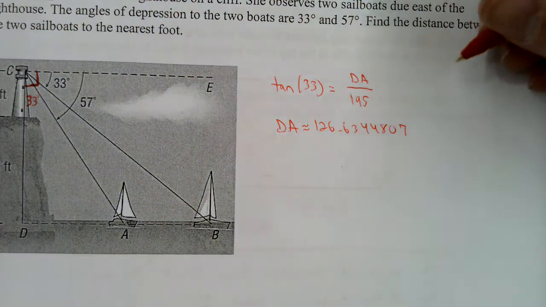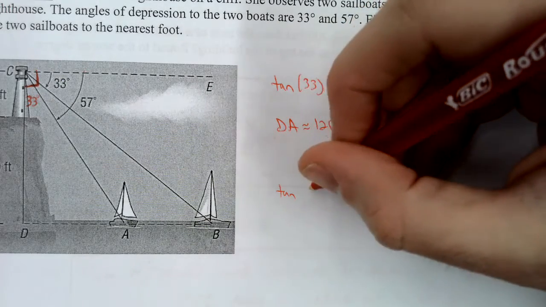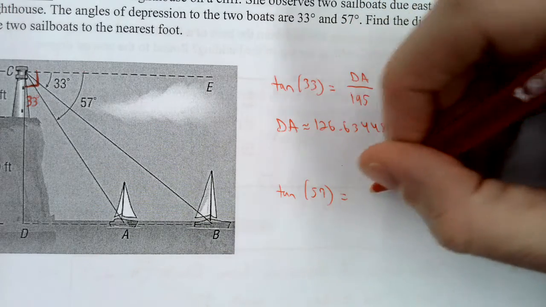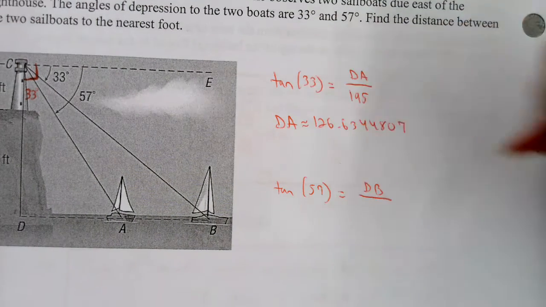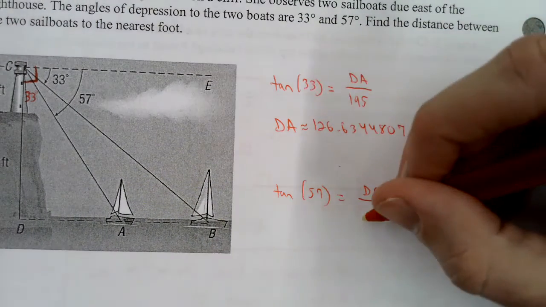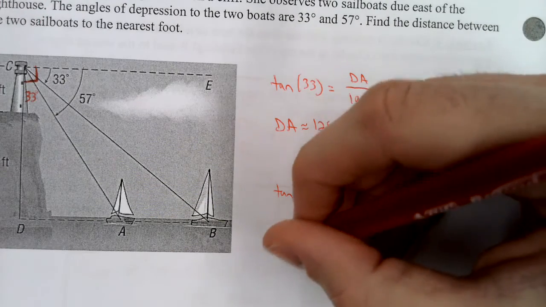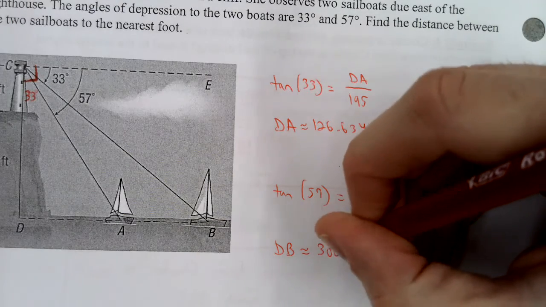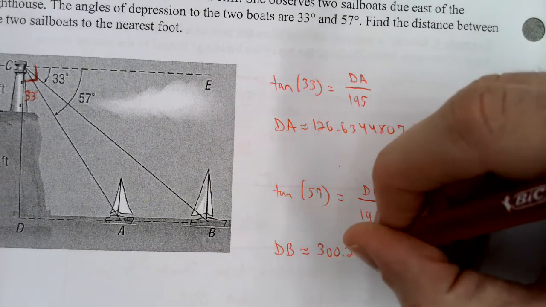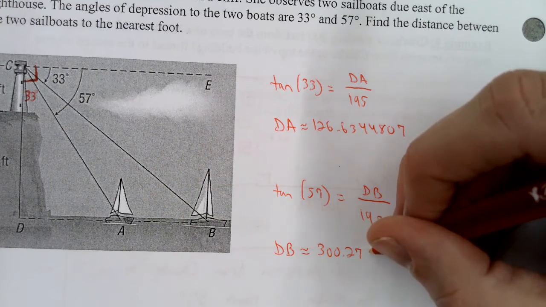So I'm going to do tangent 57 equals opposite, which is DB, over adjacent, which is 195. That'll give me 300.2736679.